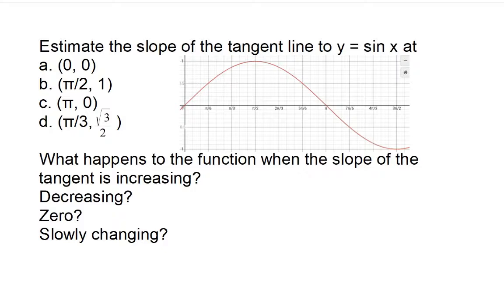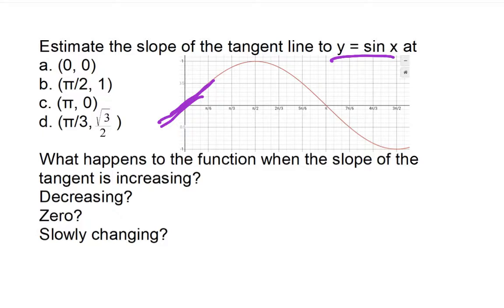Now let's look back at the graph a little bit and see what we can tell about derivatives and slopes and tangents from our original function. So here is the function y equals sine of x graphed, and I want to estimate the slope at 0, 0. Remember, it's tangent there. What do you guys think that would be about? Tell me here in a second.